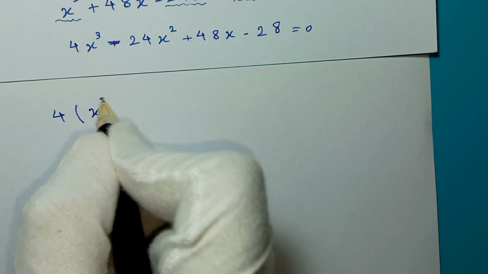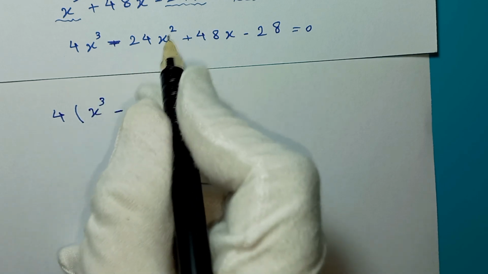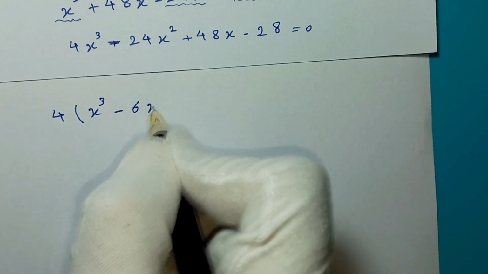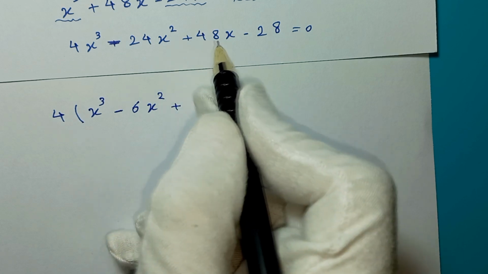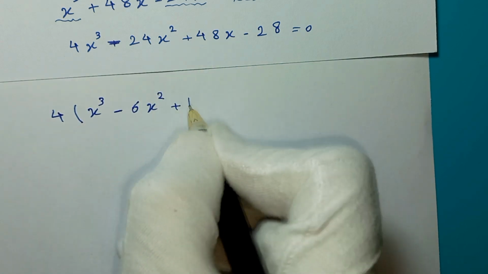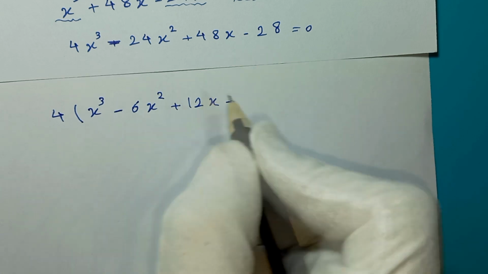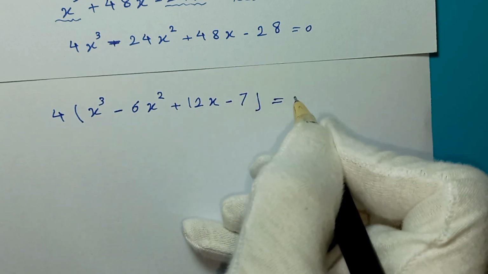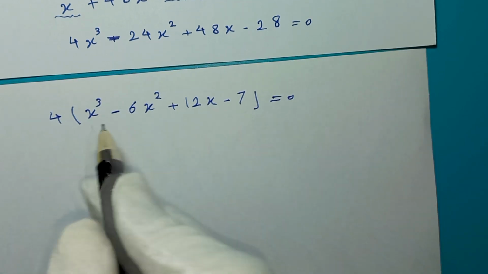This divided by 4 is x cubed, minus 24x squared divided by 4 is 6x squared, and 48x divided by 4 is 12x, minus this divided by 4 is 7, equal to 0. And we divide both sides of this equation by 4.